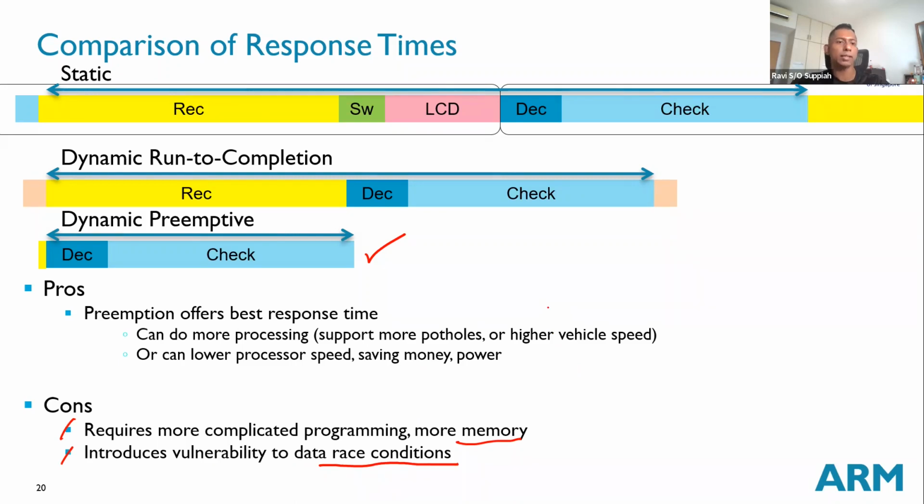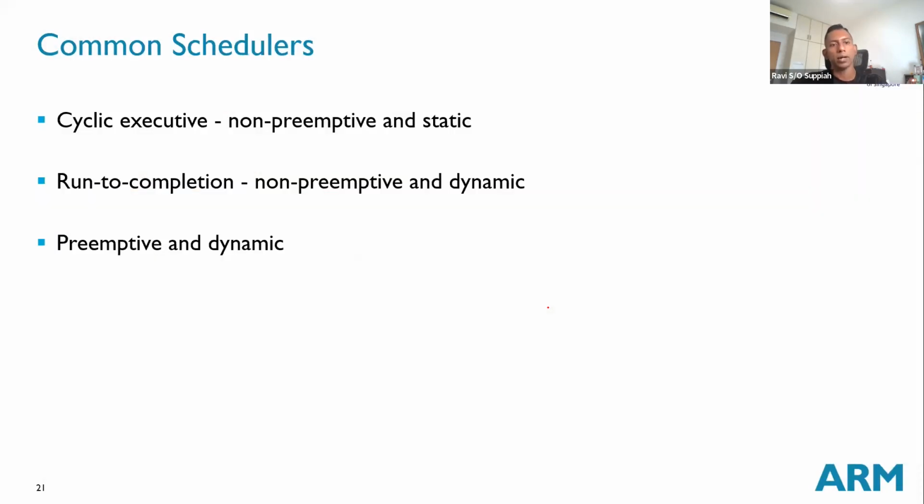So even though theoretically it sounds very good, implementing it is a lot more challenging, and it also brings about other issues which we need to deal with. Again, these are the schedulers that we just reviewed.